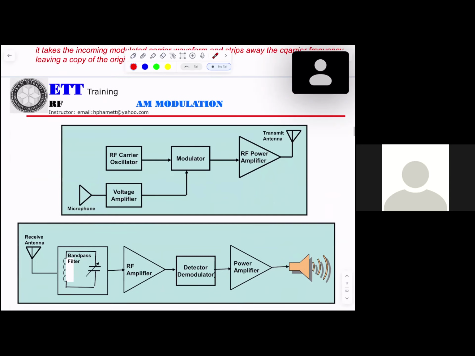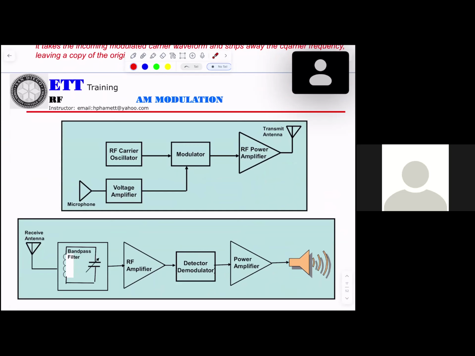Now you see the picture. This is the transmitter. This is the receiver. In the transmitter, you get your voice here. You have to use a voltage amplifier.